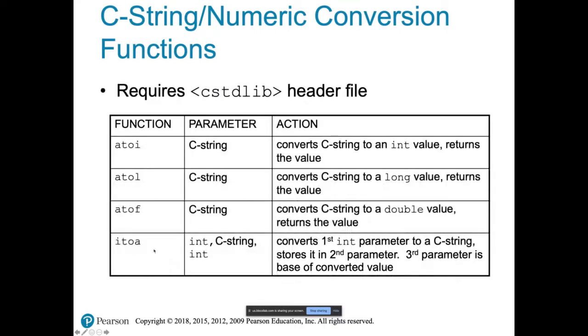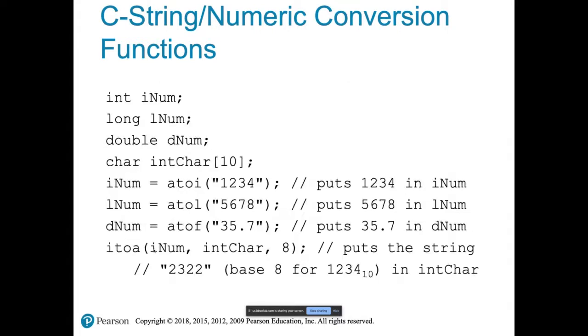Here's the ITOA. It takes this inum and converts it to this string with this base. So 2322, it puts a string 2322 in here because that's the representation of it in octal. Remember, base 8 is octal.